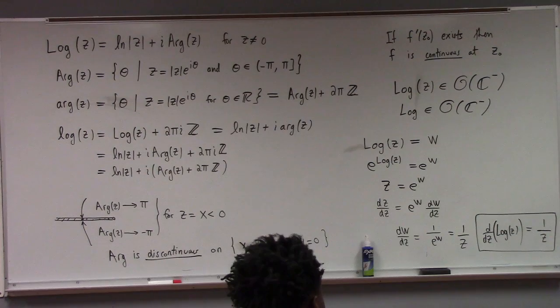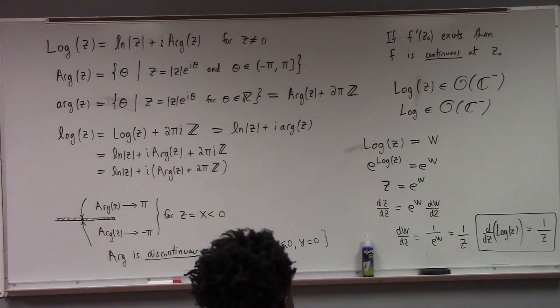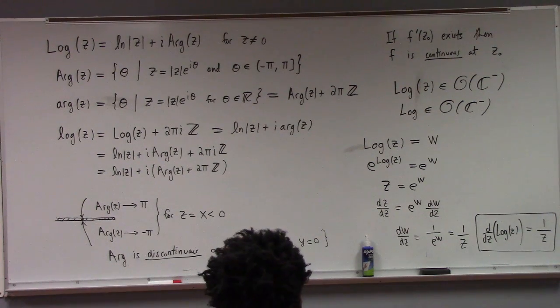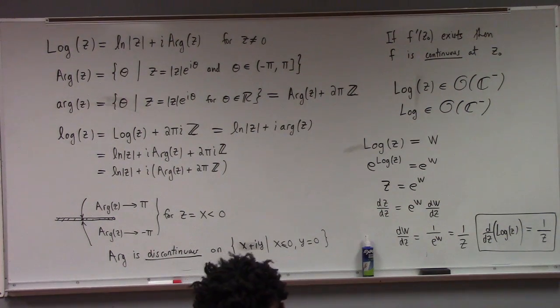This is not surprising, right? And remember we defined log sub alpha of z as the natural log of the modulus of z plus i arg sub alpha of z. And if you'll allow me, you could put a plus or minus up here. I think I only put a plus on one and a minus on the other.